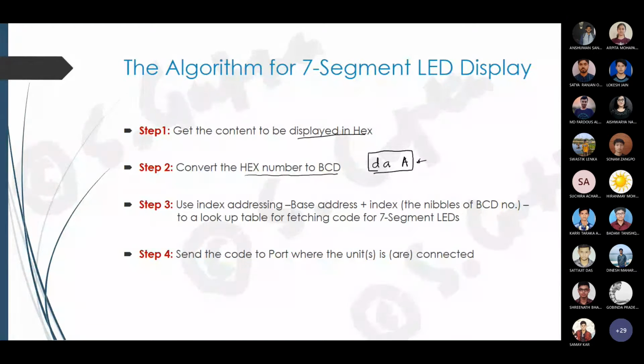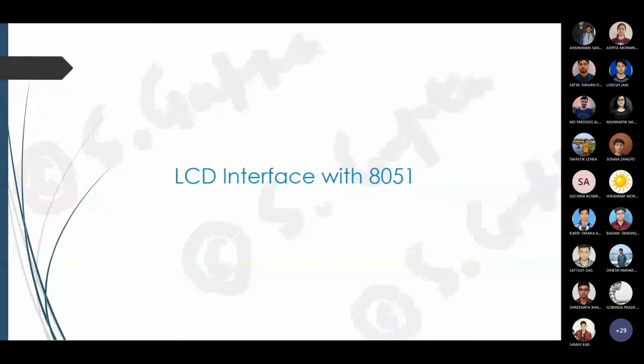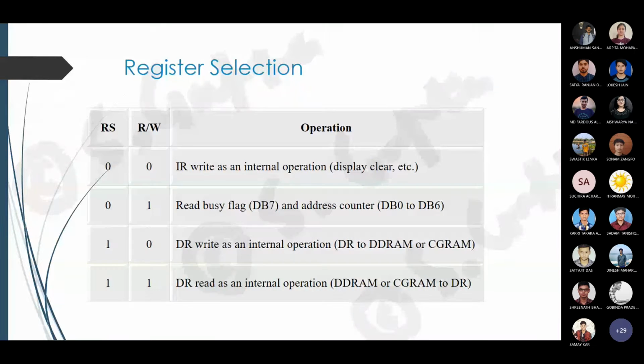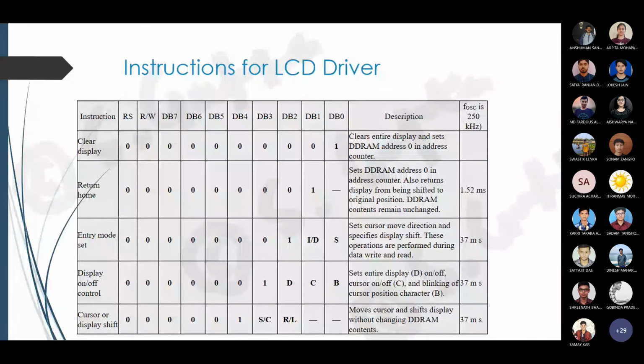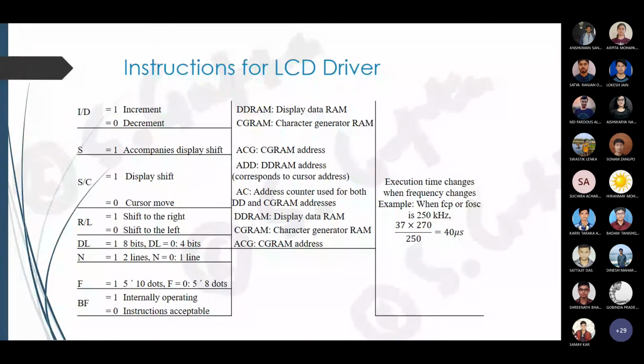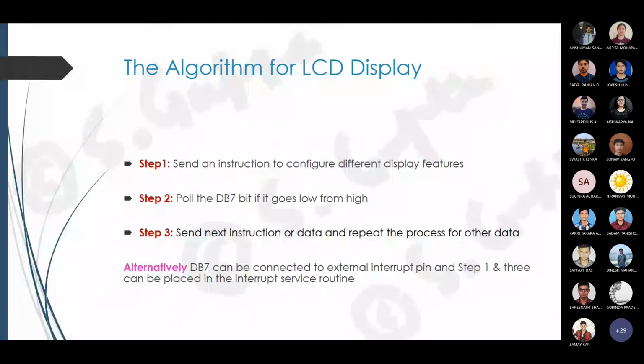Then you can use index addressing, that means base address plus index, the nibbles of the BCD number, to look up a table for fetching the code for these 7-segment LEDs. Then send the code to the port where these units are connected. Today we are not going into this. A similar strategy you can utilize to work with LCDs.